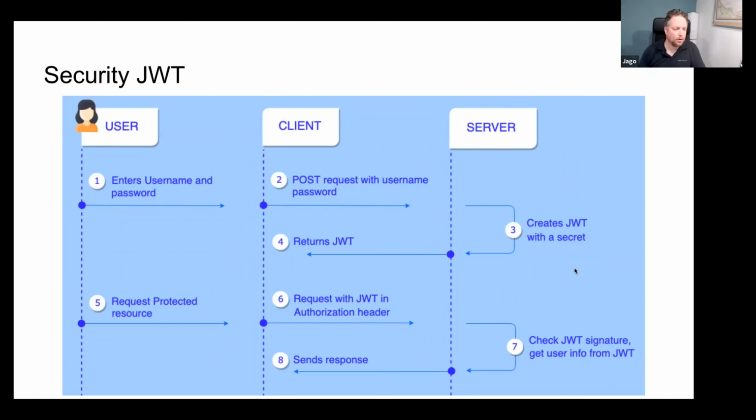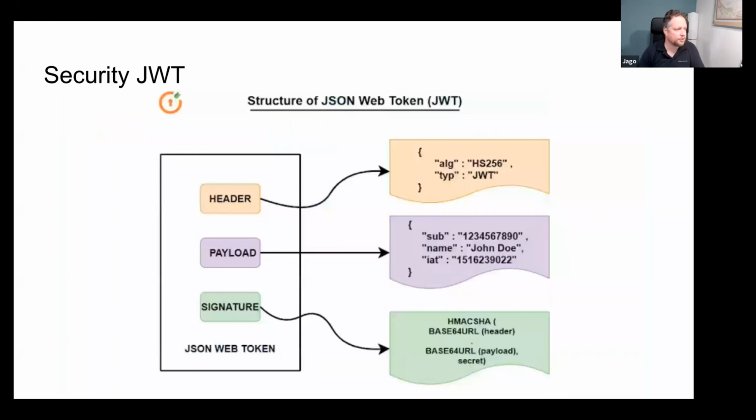Again, that's only being checked when creating the JWT token itself. When the JWT token is created, it will be signed with a private key that's known by the server. And then it only needs to check the signature of that encrypted part. So what does this JWT token look like?